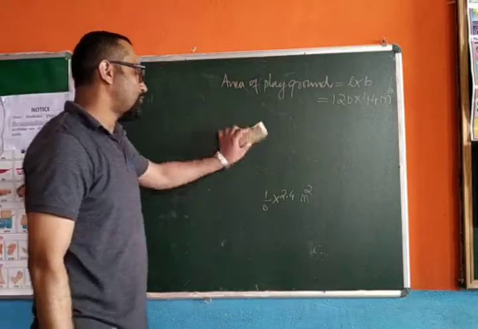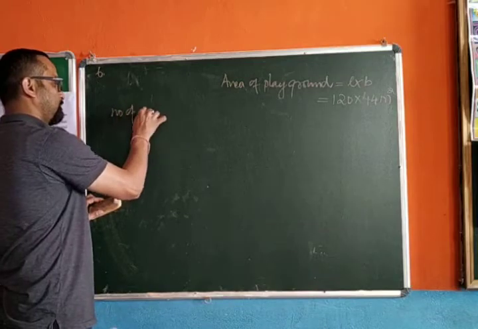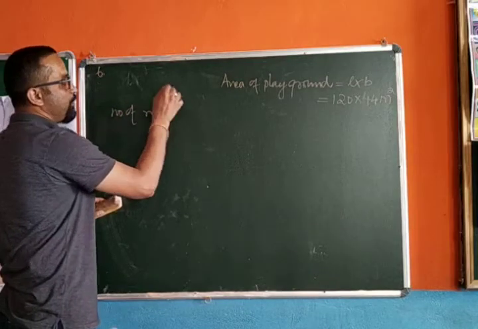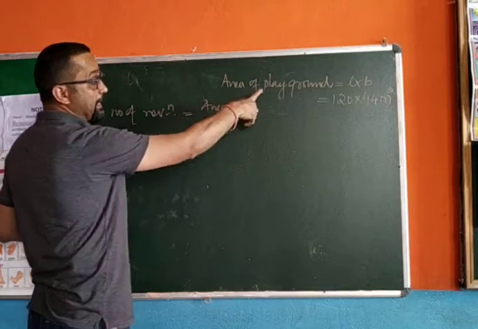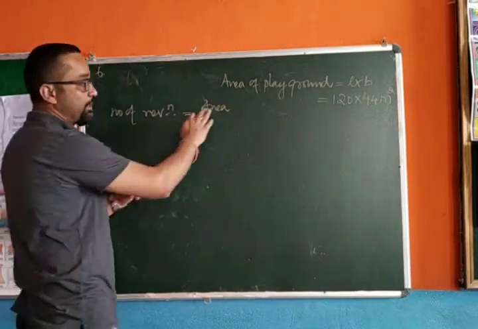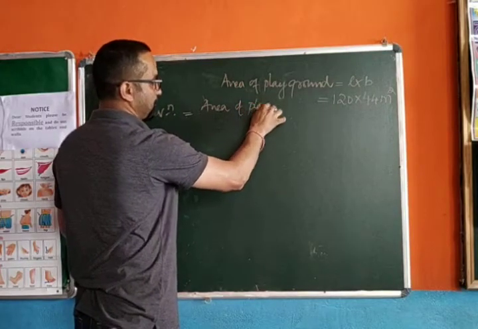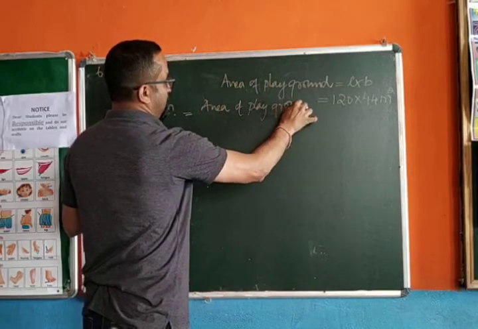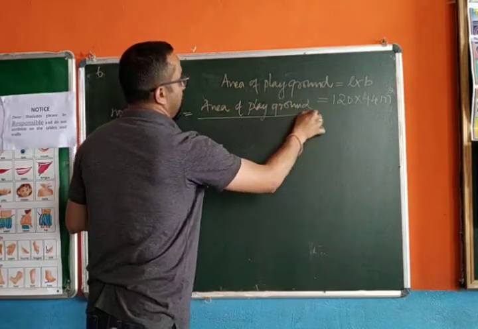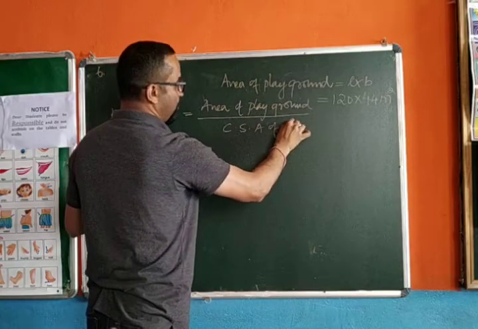Now we have to calculate the number of revolutions. Number of revolutions is equal to area of playground, which is kept at the numerator, divided by curved surface area of roller.